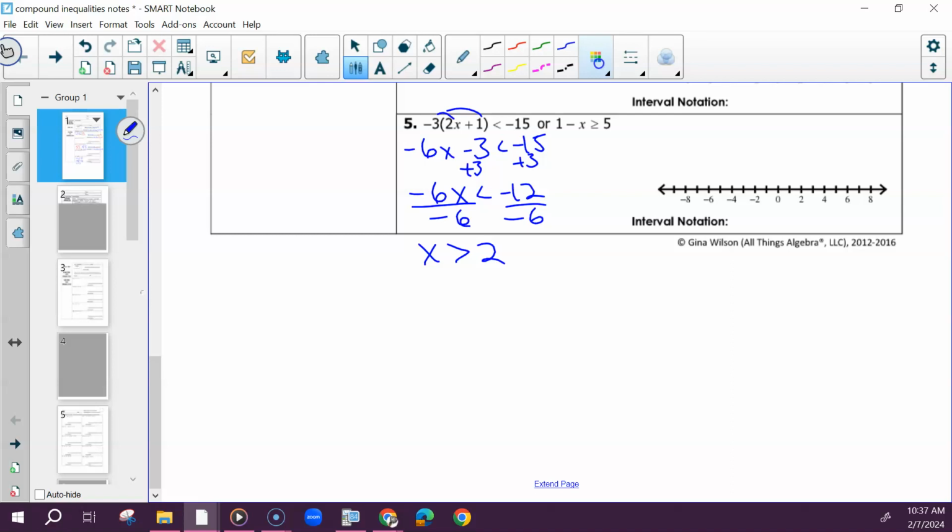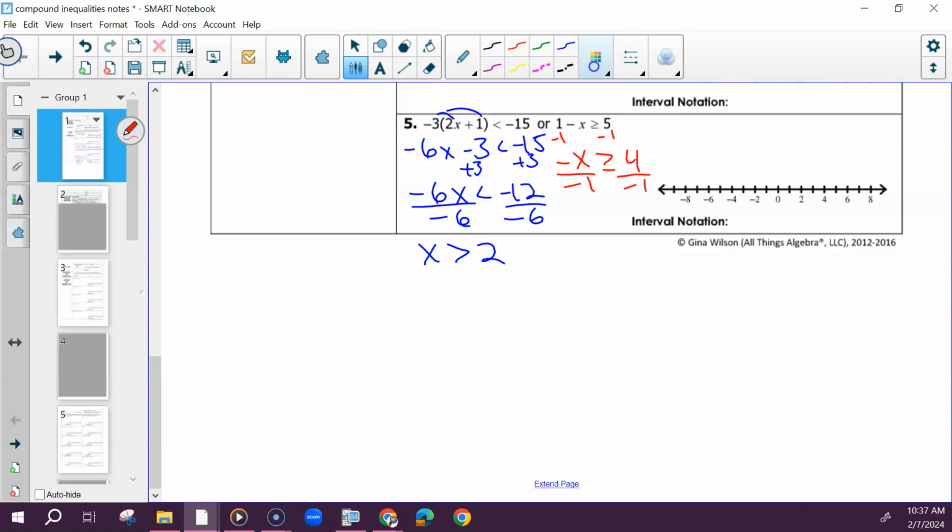And then for the other side to solve that, subtract 1. We have negative x is greater than or equal to 4. Divide by negative 1.